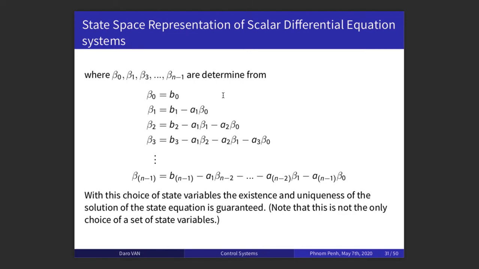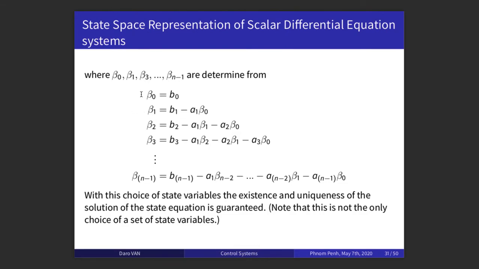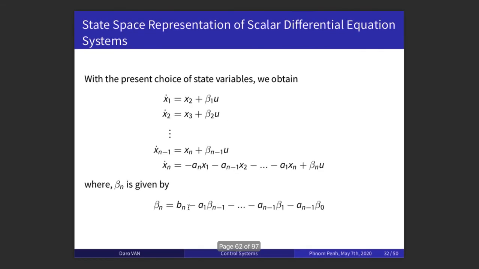So b0 can be found in this equation. And x2 equals y dot minus beta 0 u dot minus beta 1 u. You need to know that beta 0 and beta 1 can be determined like this, and so on.